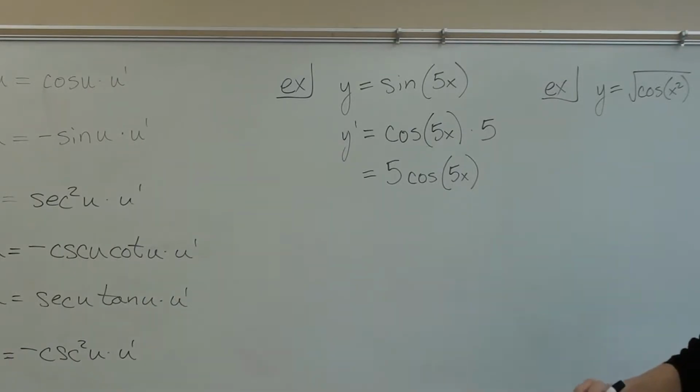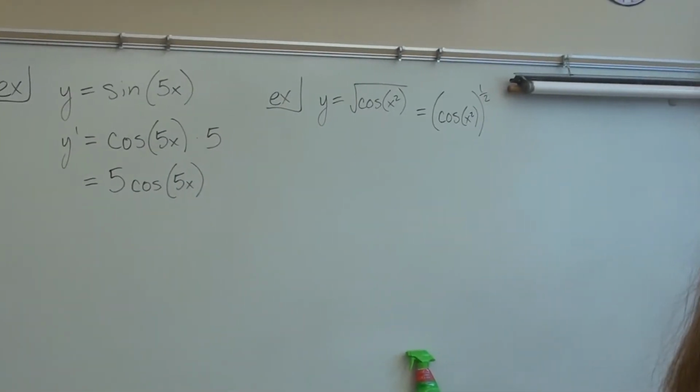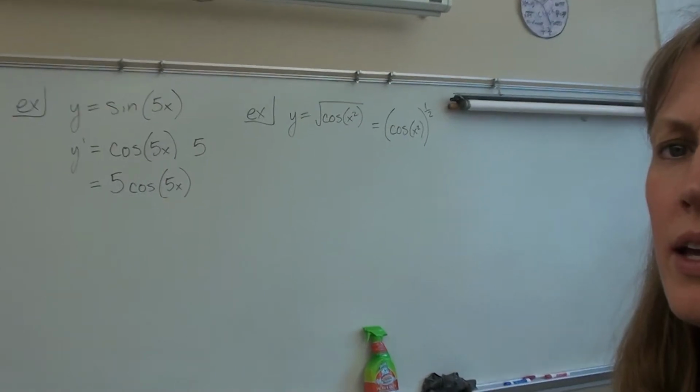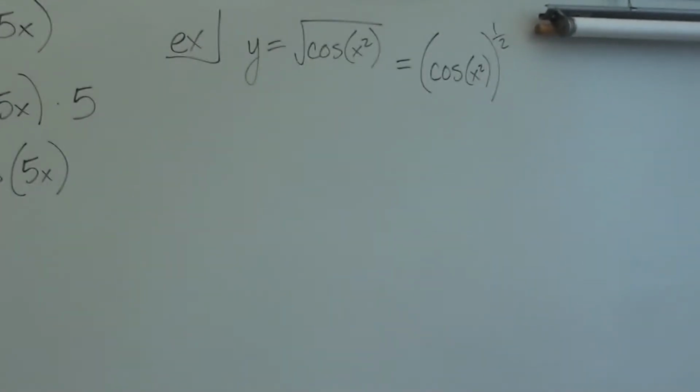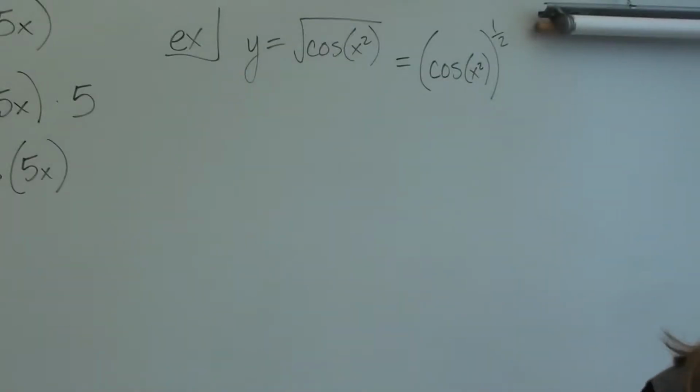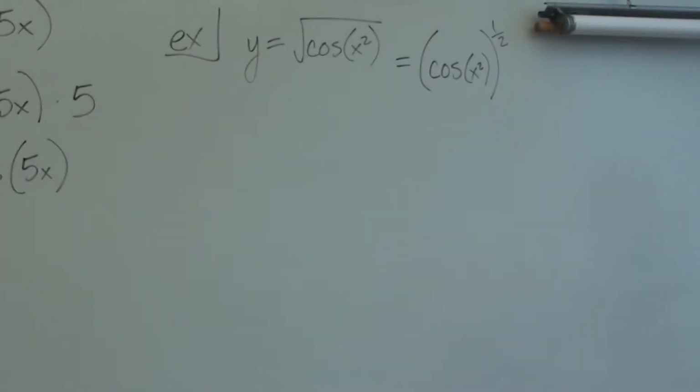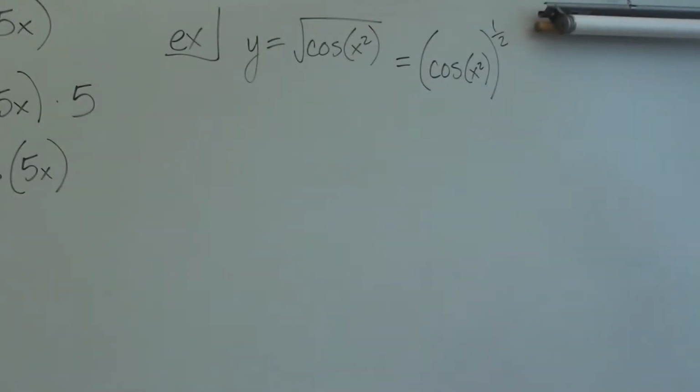Positive or negative 1/2? Positive. Positive 1/2, right? So I want you guys to take a moment and find the derivative of this function. What rule are you going to have to use for this? Chain rule. Bring that front down, what's its argument?